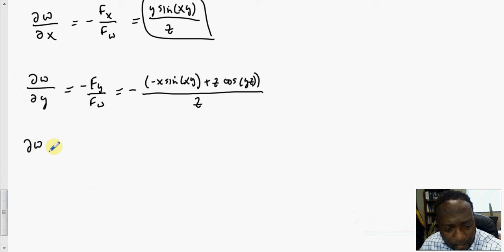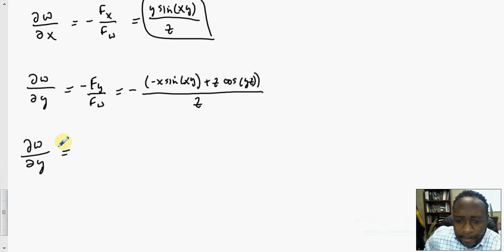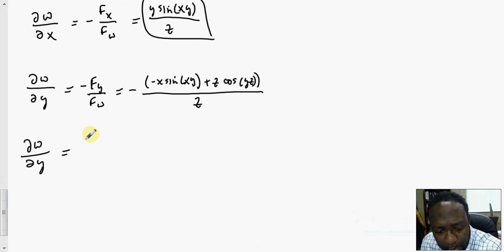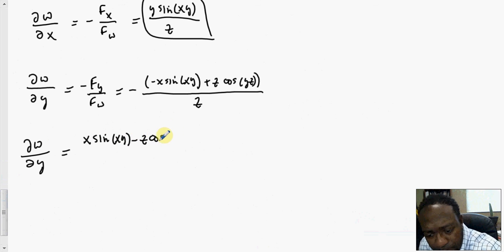So the partial of w with respect to y would be x times sine of xy minus z times cosine of yz all over z.